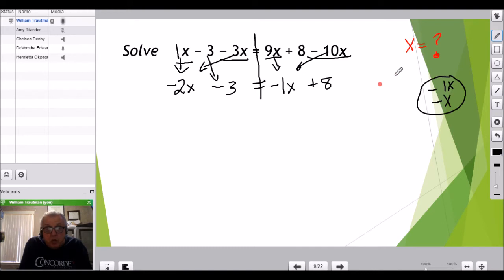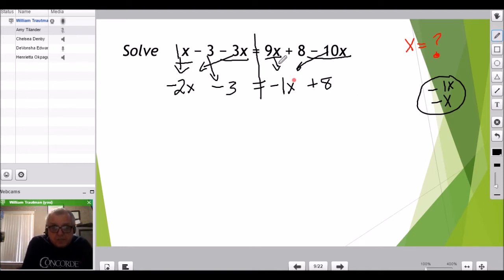Okay, so now we want to get the x's to one side. It does not matter which side you take the x's to. I'm going to take the x's to the left because we'll see what happens when we have a negative x.